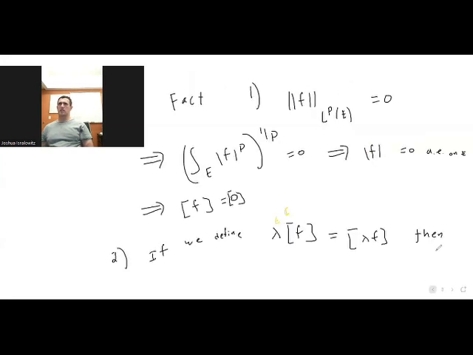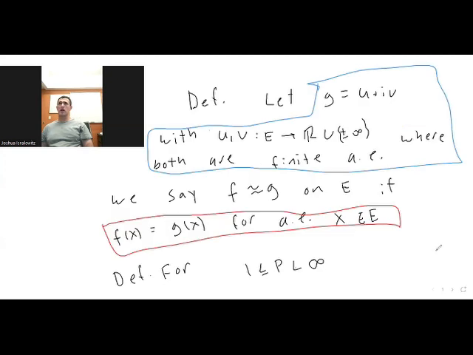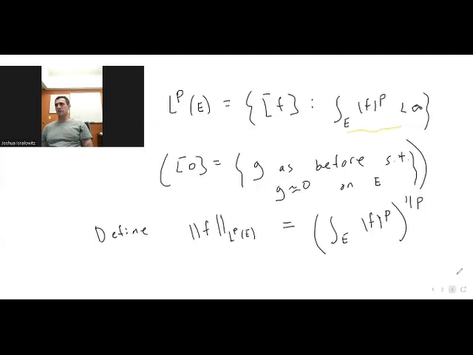This makes sense, particularly because f and g are both finite almost everywhere. So there's no infinity minus infinity kind of thing going on, at least almost everywhere. So make that clear. This is defined.